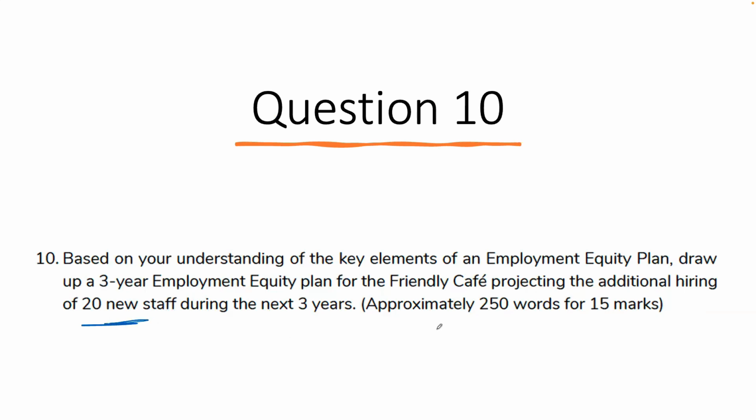So the question then is, why do they need 20 new staff members? So strategically as a business, where are they going? Are they expanding their restaurant to include 20 new people? What I want you to use is the existing employment equity laws, please.